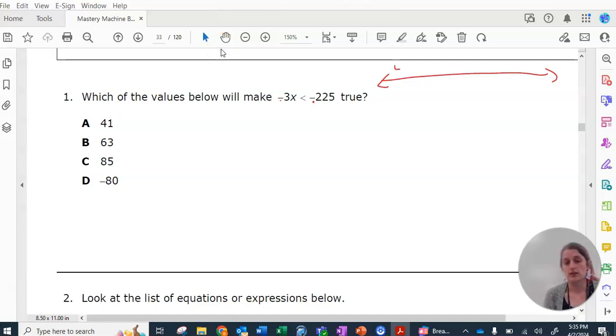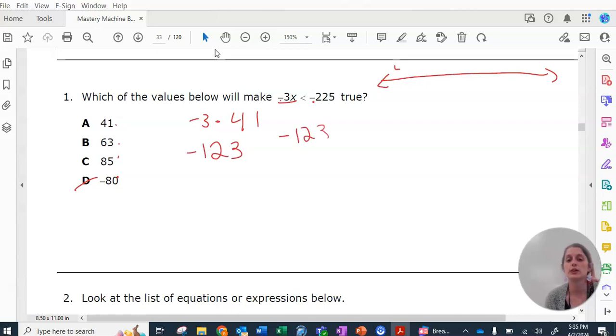So the guess and check method is, okay, negative 3 times something. You're going to guess and check each of these options. I can eliminate one right away because I know that negative 3 times negative 80 would give me a positive number, and it's never true that a positive is smaller than a negative. So let's see, negative 3 times 41 gives me 123, but it's negative.